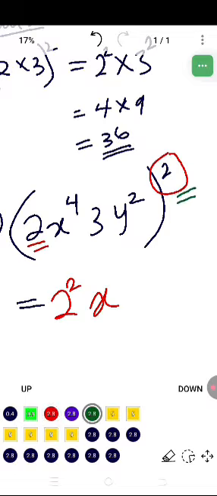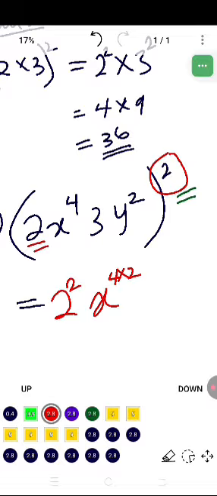You know that in the power of power law, when an index number is raised to another power, the indices are multiplied. So since our x here is raised to power 4, and we're having another power outside, this will give us x raised to power 4 times 2.